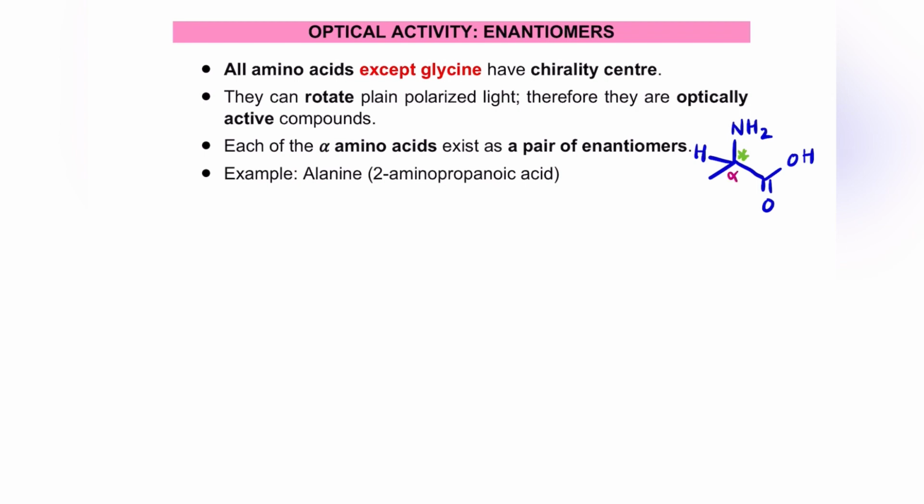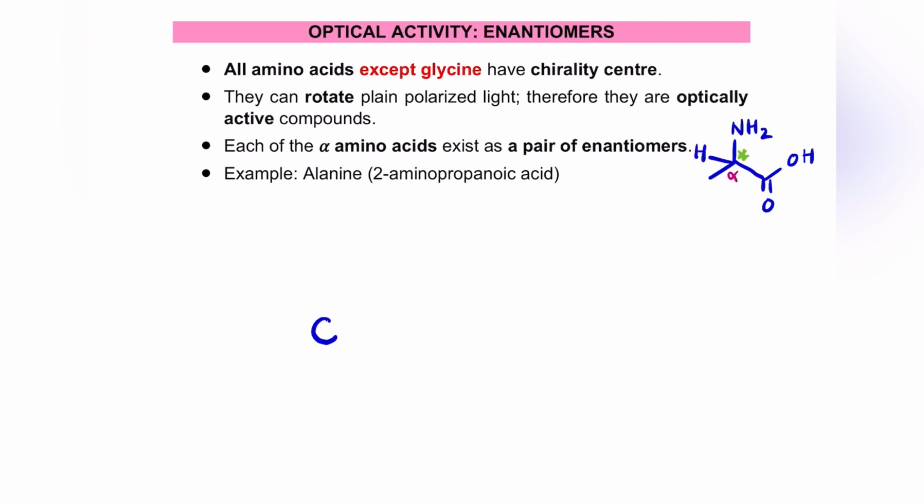Now I'm going to show you the optical isomers based on this structure of alanine. We are going to start by showing the drawing in 3-dimensional representation. We start with the first side first. I'm going to start with the first carbon. This is our chiral carbon or alpha carbon.